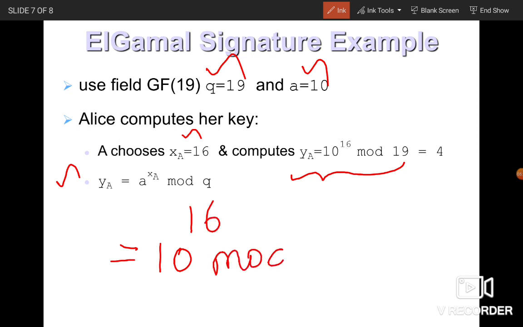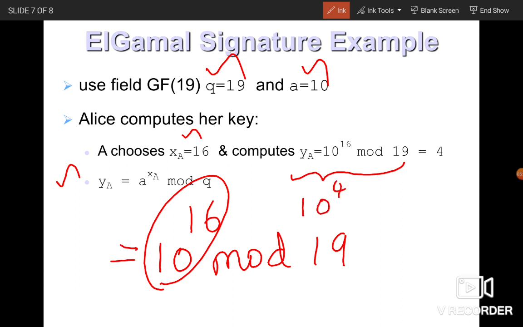Modulus Q is 19. To calculate 10 power 16, we can use modular arithmetic properties. You can split it like this: 10 power 4, 10 power 4, 10 power 8. So 8 plus 4 is 12, 12 plus 4 is 16. What is the value of 10 power 4 modulus 19?